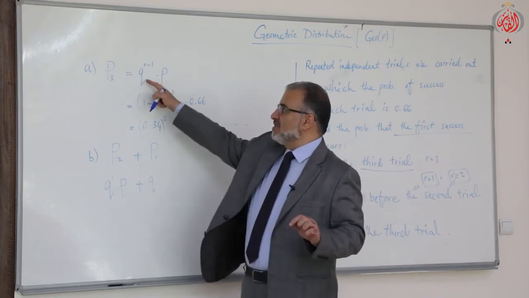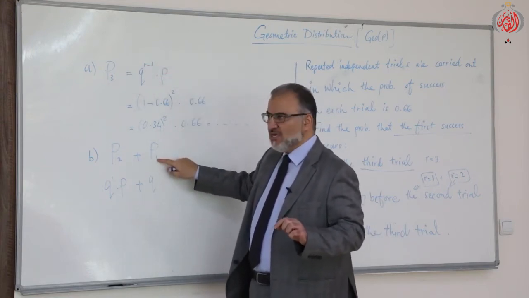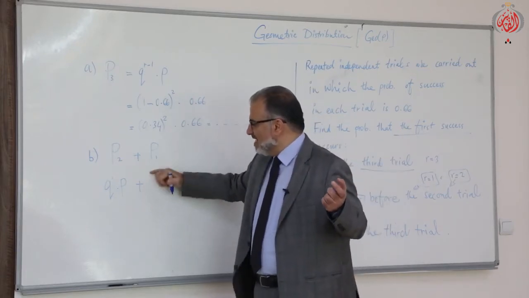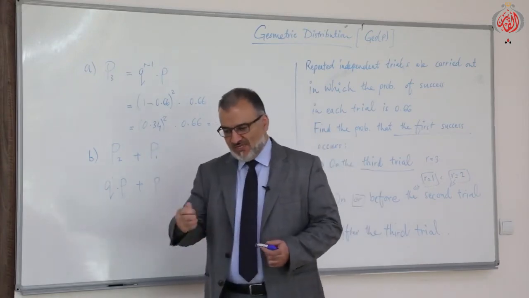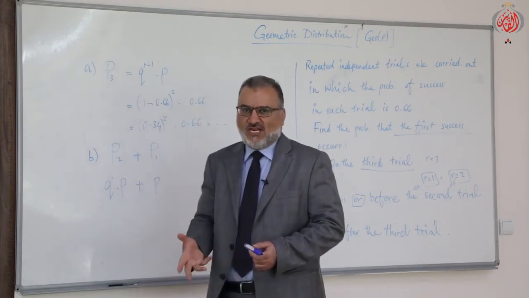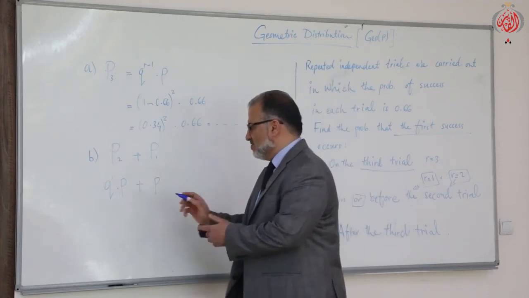This is the rule always. So when R is 1, 1 minus 1 is 0. So Q to the power of 0 is 1. So it is only P. It means the first appearance for the success in the first trial. So no failure here. Is that clear?